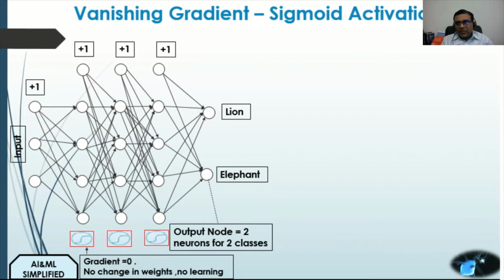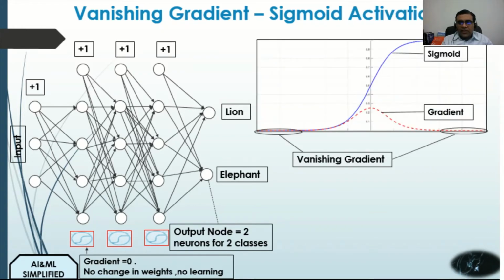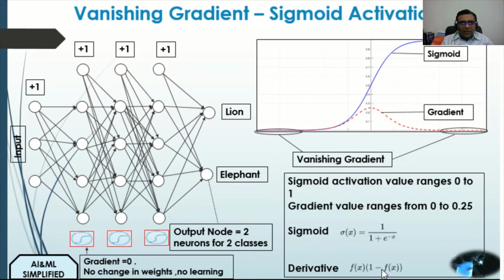So let's understand this problem of vanishing gradient mathematically. If we see on the graph, and if we apply the sigmoid activation function, this activation function squashes the value of output between 0 and 1. However, if I look at the gradient, it basically has the range of 0 to 0.25.